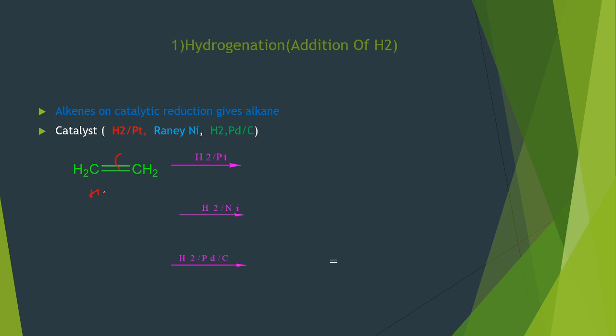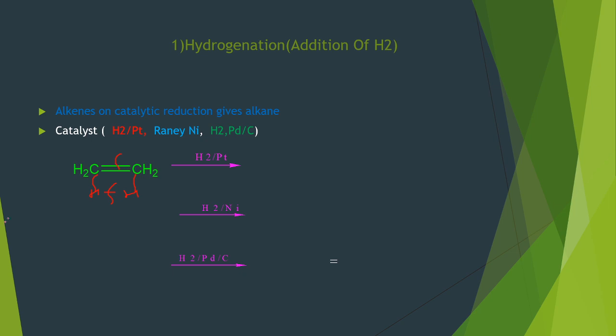Here we have H2 gas, and we have to break this H2 also, so that the valency becomes free. Then we just have to add hydrogen across the double bond. So add hydrogen to this side, and also add a hydrogen atom to this side.